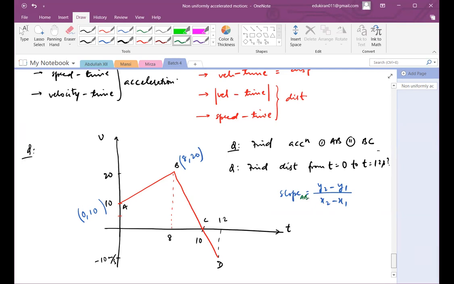So it's 5 by 4. Try to define the next slope, between BC. Yes, sir.